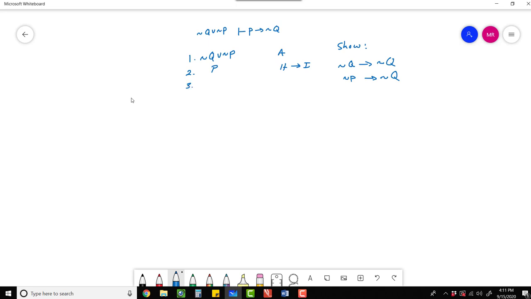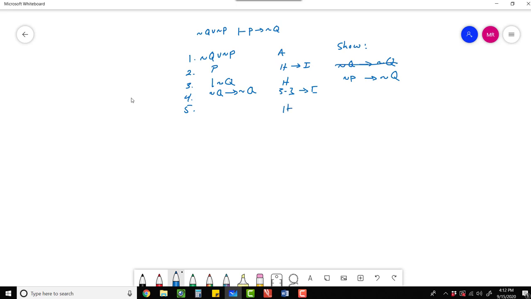All right, so I've hypothesized P. I want not Q. First, I'm going to show if not Q, then not Q, which is trivial. Not Q hypothesis, right? That's if not Q, then not Q by 3 through 3, conditional introduction. That's out of the way.